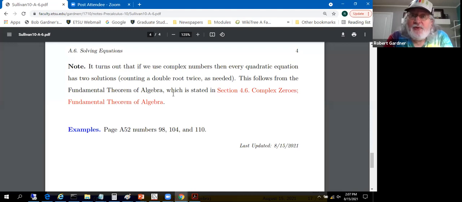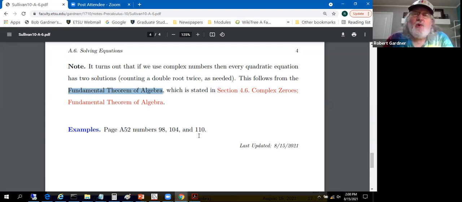Unfortunately, to have a conversation about that, we've got to have a conversation about complex numbers. We'll probably look at that in section 4.6, but from a pragmatic point of view in the class, we probably won't have time to do very much. We won't cover 4.6, but we've got to look at the fundamental theorem of algebra. Geez, this is an algebra class.